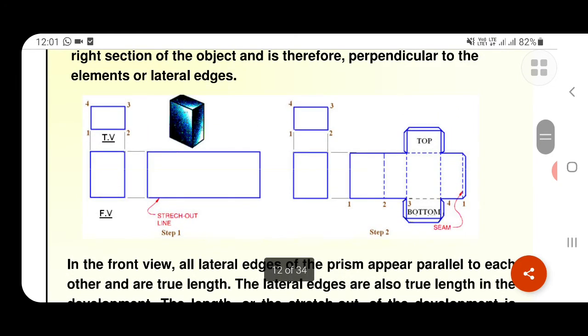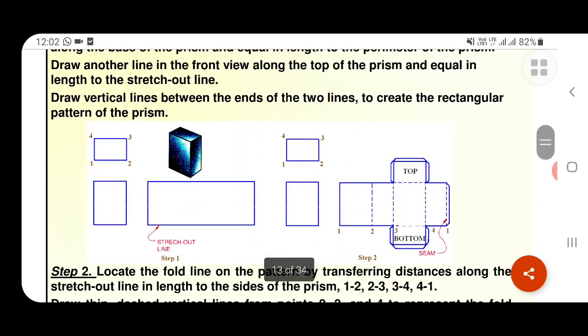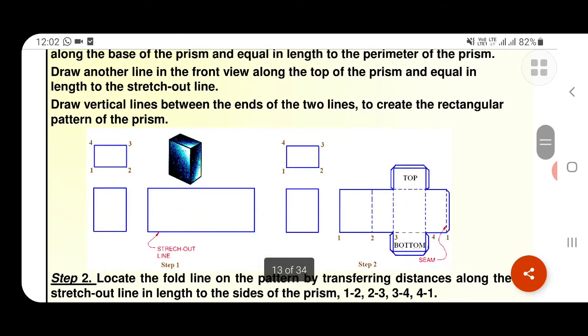This is the first figure. This is a second square prism.